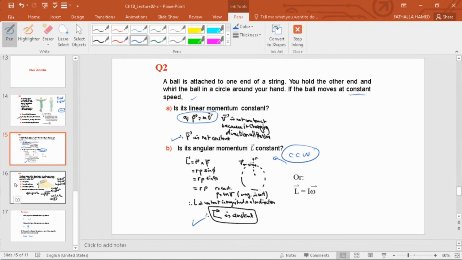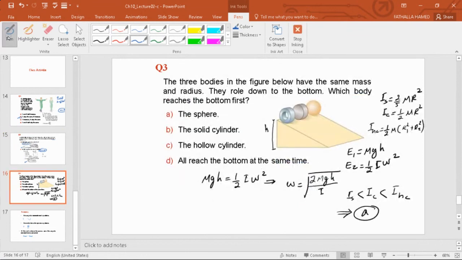Now, let's take another question, and this is something we can go back to, the rotational kinetic energy. The three bodies in the figure below have the same mass and radius. They roll down to the bottom. Which body reaches the bottom first?